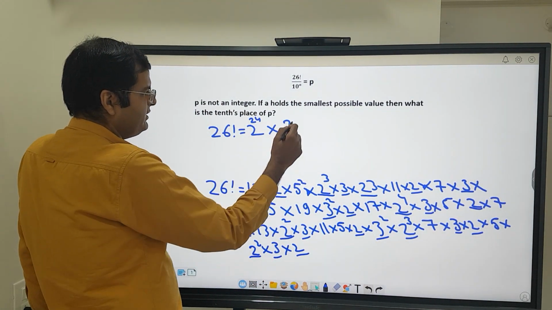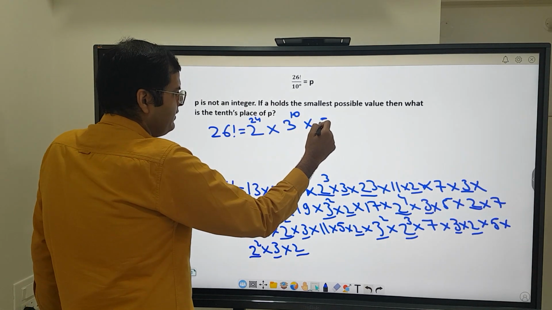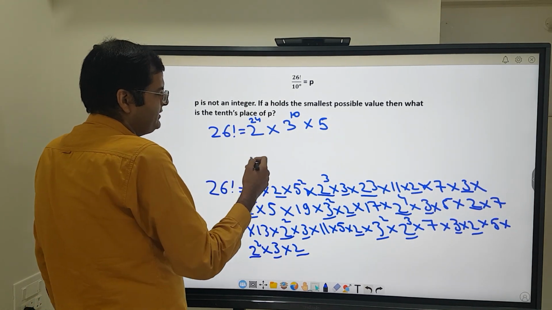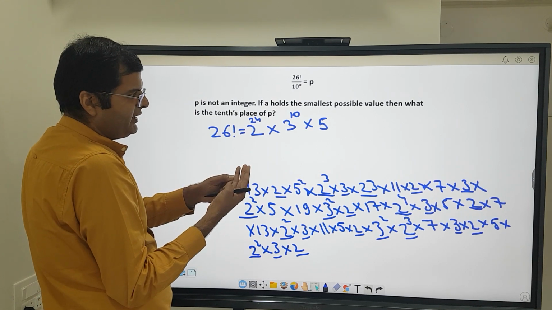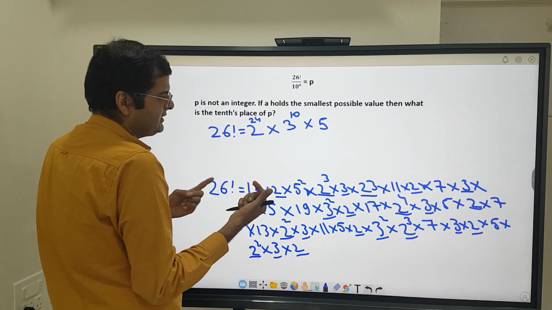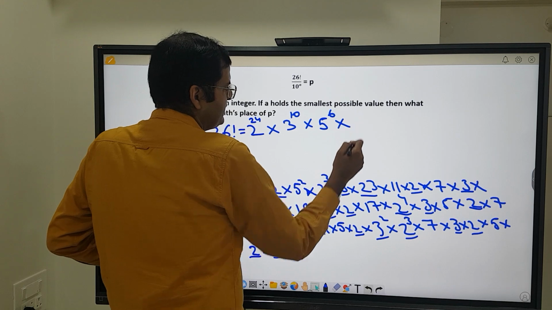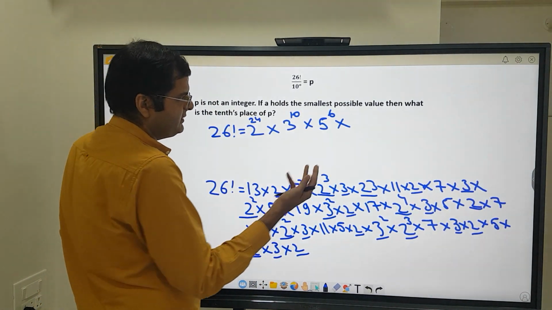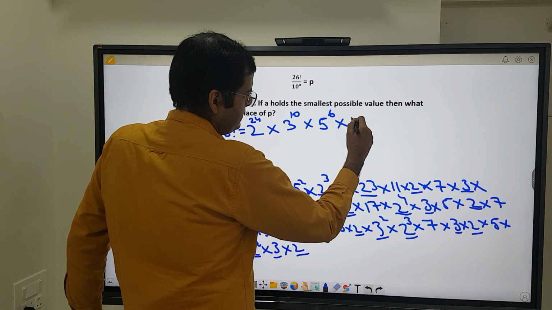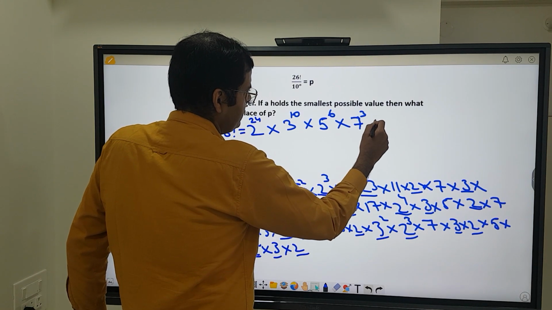So there are 10 3's, 3 raised to power 10. How many 5's? 5's is very simple. I can just go 5, 10, 15, 20 and 2 at 25, which is 6. So 5 raised to 6. 7 will be 7, 14, 21, only 3 7's. So 7 raised to 3.